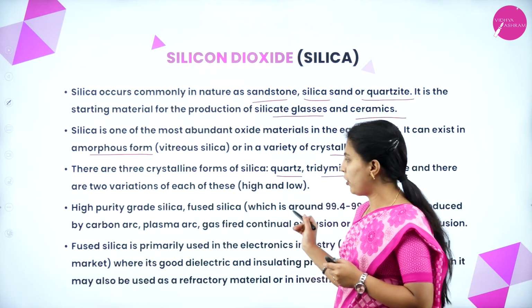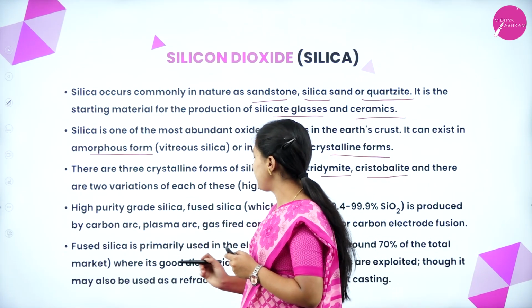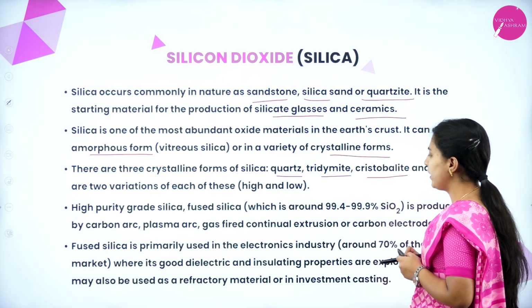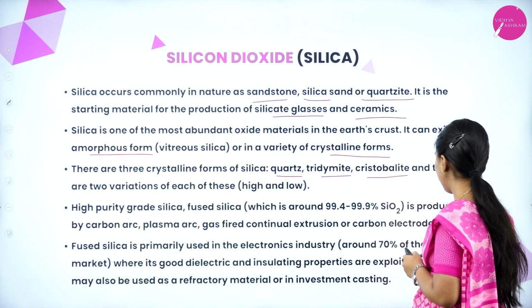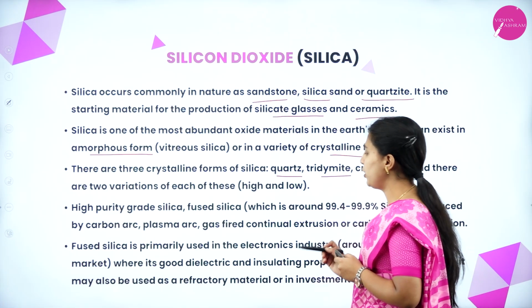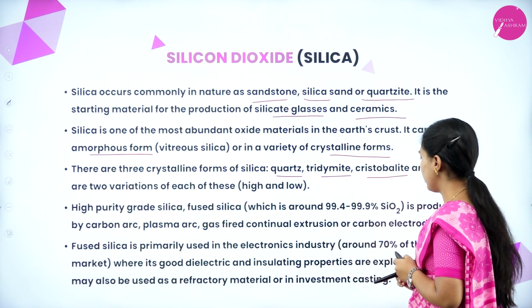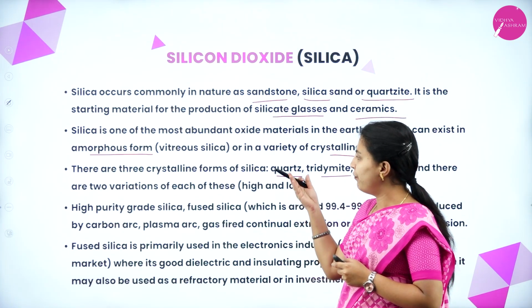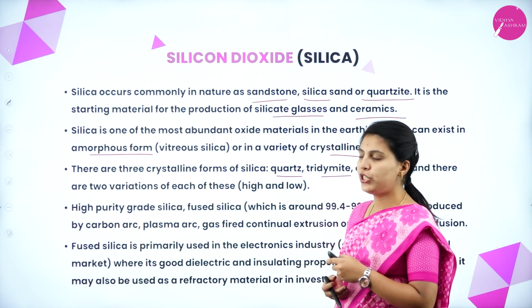Fused silica is primarily used in the electronics industry, where its good dielectric and insulating properties are exploited, though it may also be used as a refractory material or in investment casting.